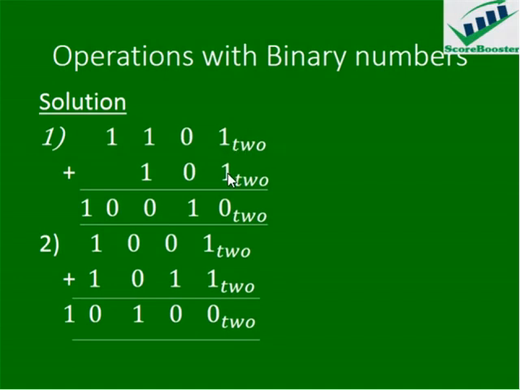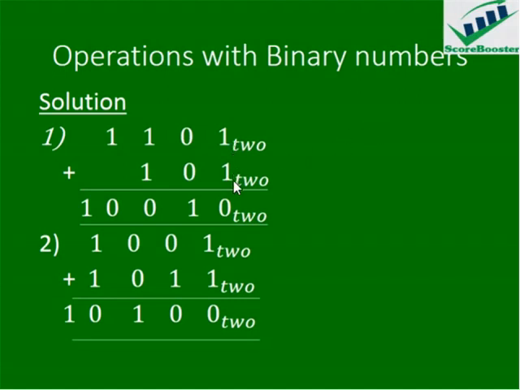Since 1 plus 1 is 2, any number that is equal or greater than 2, you divide by the base, which is 2, then you only write the remainder. For example, 1 plus 1 here is 2. 2 divided by 2 is equal to 1, remainder 0. So you write the remainder 0, then you carry the 1, which is the quotient. You know what quotient means? If you divide a number by another number, the result you get is the quotient and the remainder.